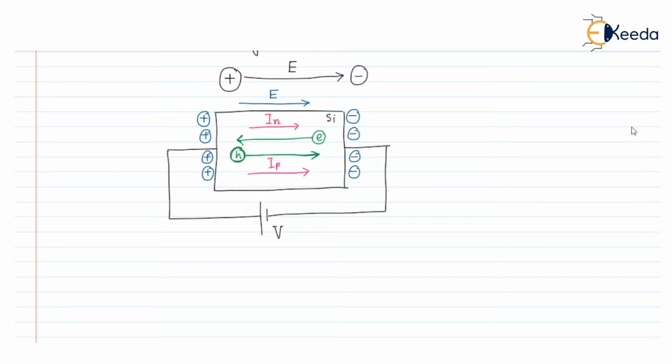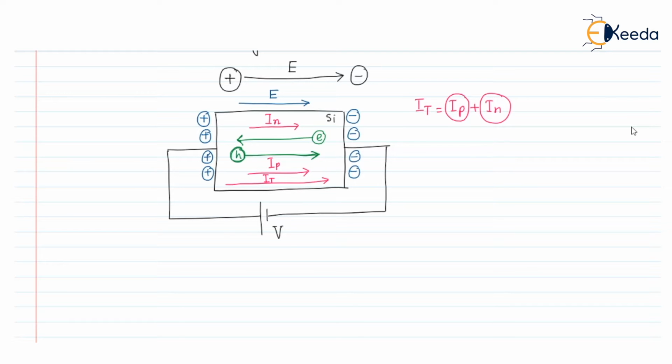So the total current, moving from positive polarity to negative polarity due to electron and hole, I denote as I total, and this is Ip plus In. Ip is the component of the current due to the hole movement, and In is the current due to the electron movement.